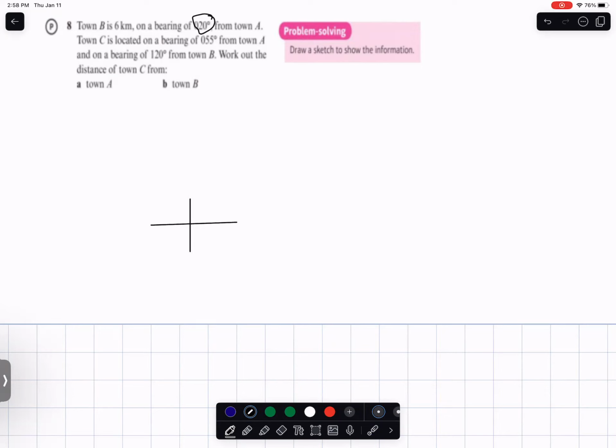So the bearing of 20 degrees is starting from here, which is 6 kilometers. So I have my point B here, and C is located on 55 degrees from town A. So 55 degrees is also somewhere around here.